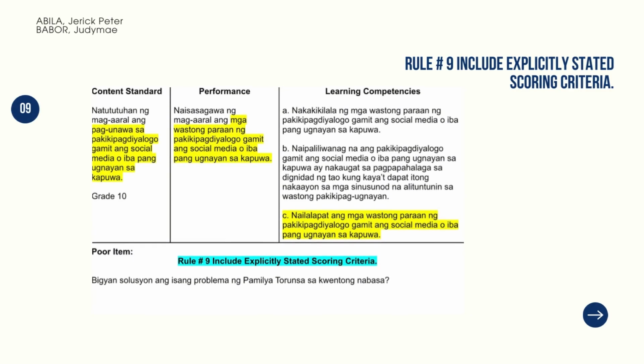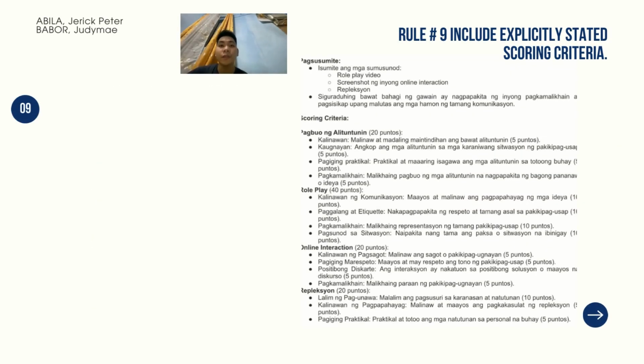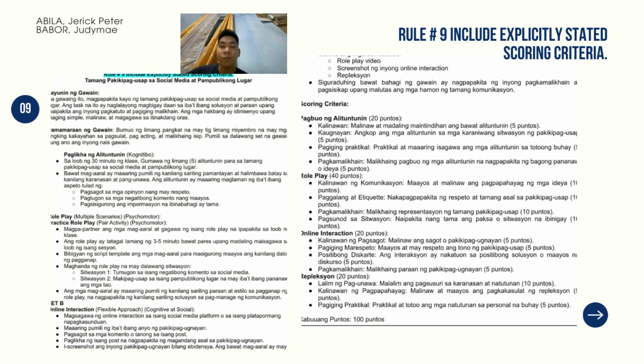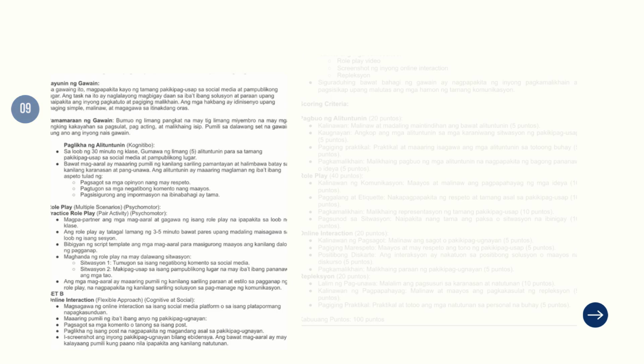And we are now in number 9, which is include explicitly stated scoring criteria. Our poor item, as you can see, is not showing scoring criteria. Then in our improve item, we add the scoring criteria like pagbuo ng alituntunin, 20 points, role play, 40 points, online interaction, 20 points, reflection, 20 points, kabuuang puntos, 100 points.